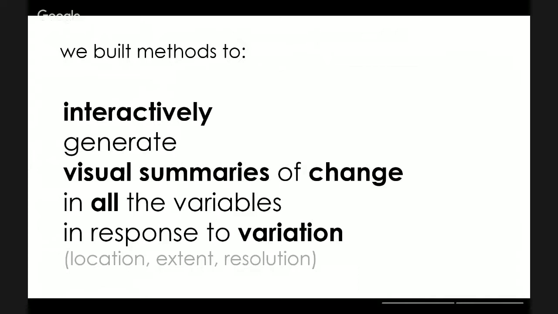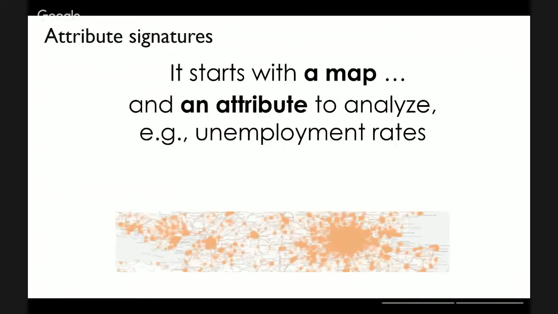So in order to address that, we built methods to interactively generate visual summaries of the data, generated in response to the user's decision on what to vary and how to analyze the data. I'll walk through how we create these visual summaries over an example.